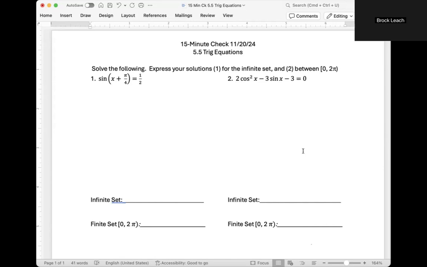When we square something, which we may see more of in today's assignment, we need to check our solutions and make sure that they fit. Whenever we square an equation on both sides, we always pick up extra solutions.